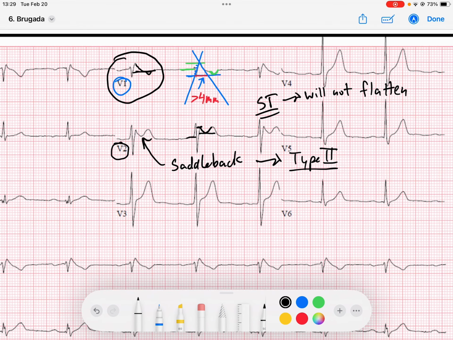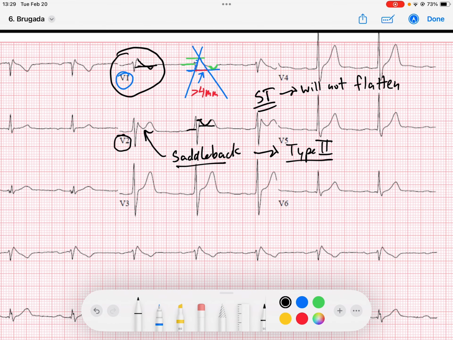Type 2 is where you only have this saddleback, right? And here we have the typical type 1. Here's just a good example of saddleback, right? And so if you only have saddleback and you don't have some of the previously mentioned criteria that we have up here for the type 1 Brugada, if you have the saddleback, that's just a type 2, okay?